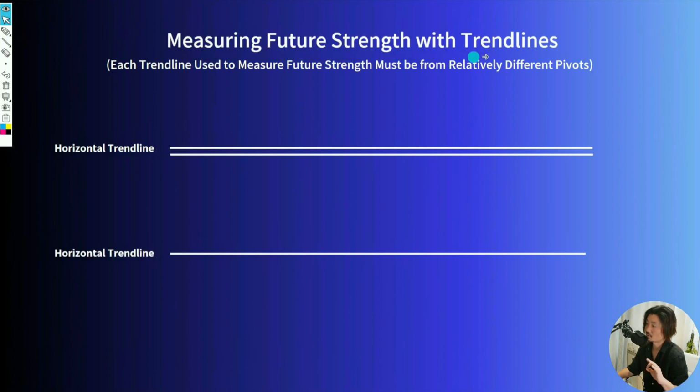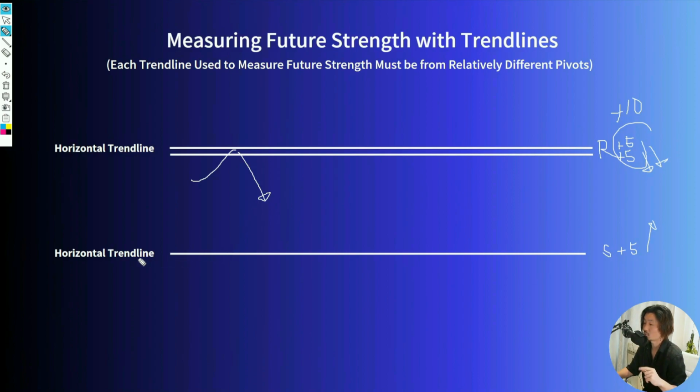All right, measuring future strength with trend lines. Each trend line used to measure future strength must be from relatively different pivots. You want to remember, each trend line creates future strength. So if there were 2 horizontal trend lines right here, acting as resistance, and each has a strength of plus 5 future short strength, and this horizontal trend line down here is acting as support with an equal plus 5 future long strength, then if price reached both of these horizontal trend lines, there will be a future short strength of plus 10, because there are 2 horizontal trend lines, right?